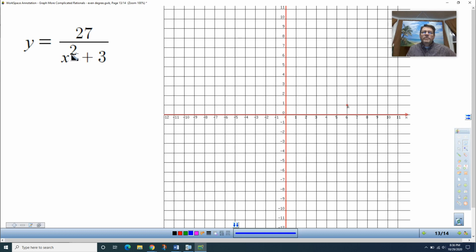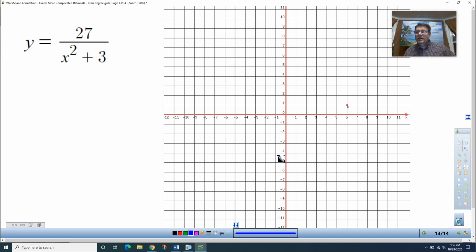Well, because it's squared, no matter what I put in there, it's going to be positive, and a positive plus a positive stays positive. It's not even going to be a negative. So no matter what I put in here, it's going to get squared, which turns it to be a positive, plus 3. So a positive number plus 3 won't ever be 0. Can't be 0. So what do you do about that?